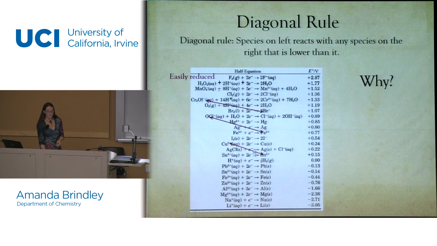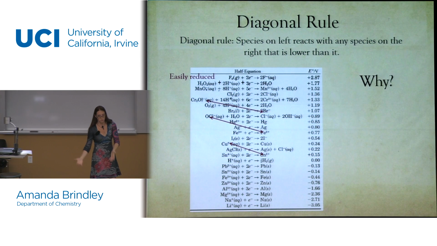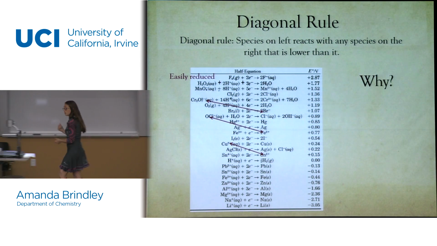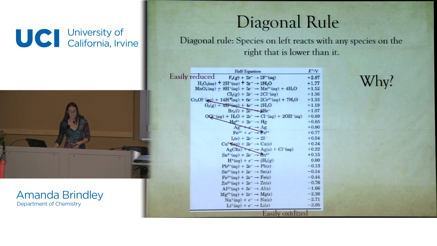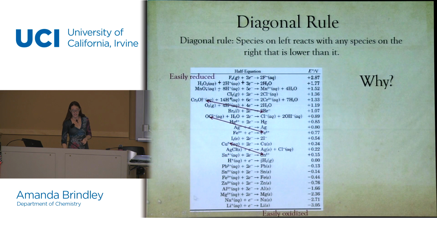Now, these half reactions are all written as reductions, okay? They're written as reduction reactions, and this is why they are reduction potentials. When we go to decide, okay, well, what will this react with, you need something that is easily oxidized. And the things that are easily oxidized are going to be way down here. Because if you think about what this table means down here, it means that this does not want to be reduced at all.